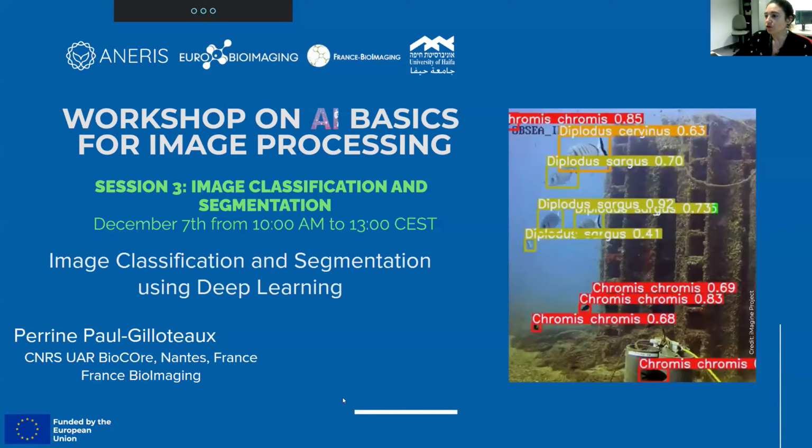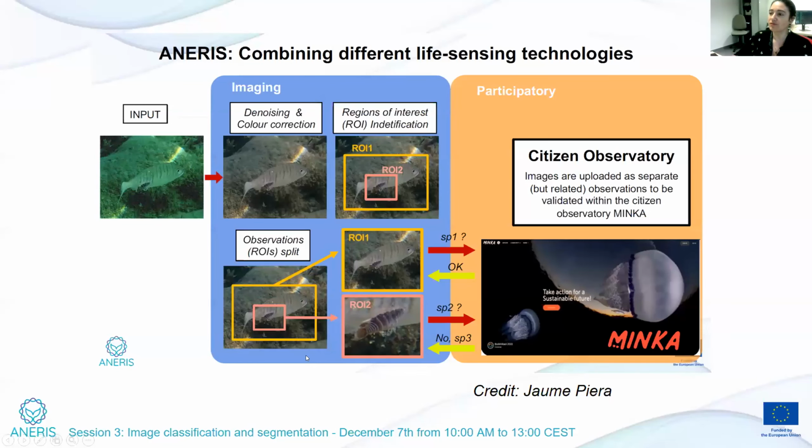So maybe just to give some background also about the ANERIS project. There is a lot of things happening in ANERIS, and they are all aiming at developing what is called operational marine biology.